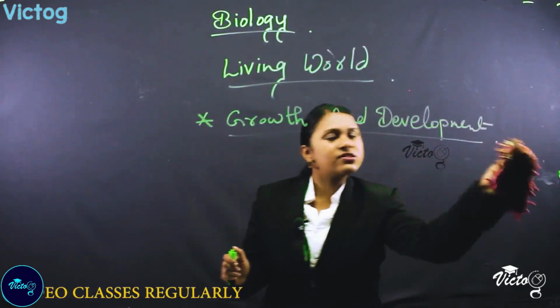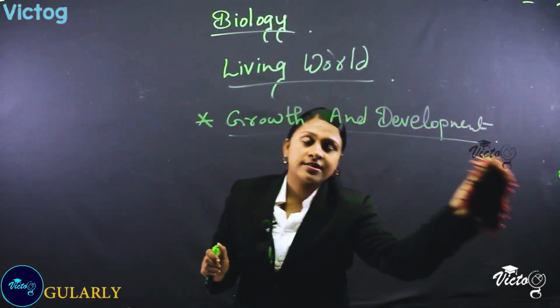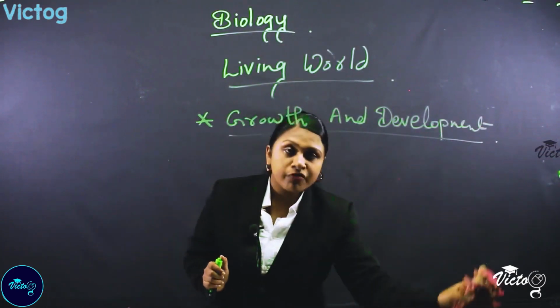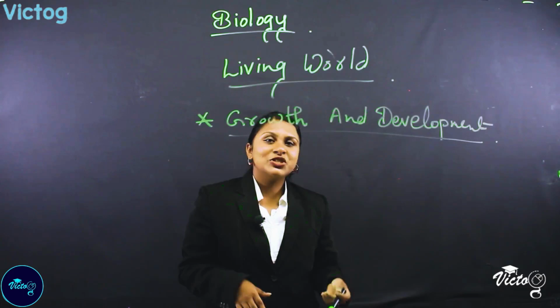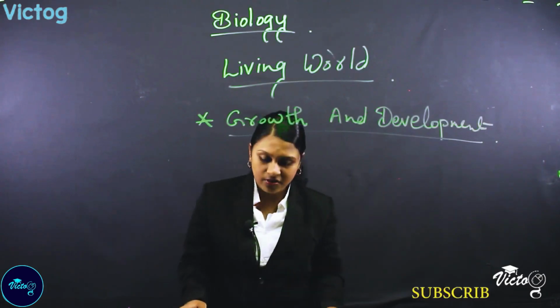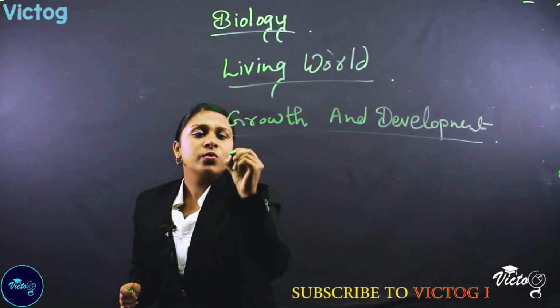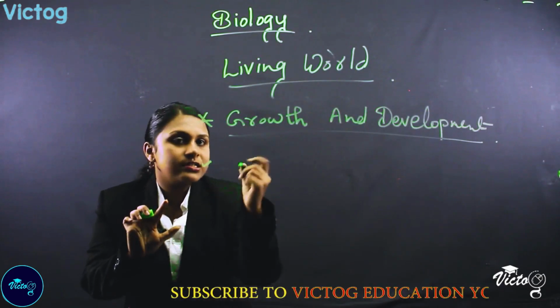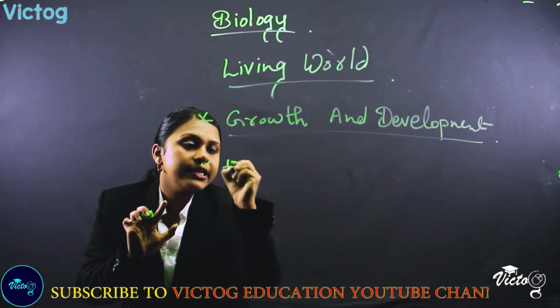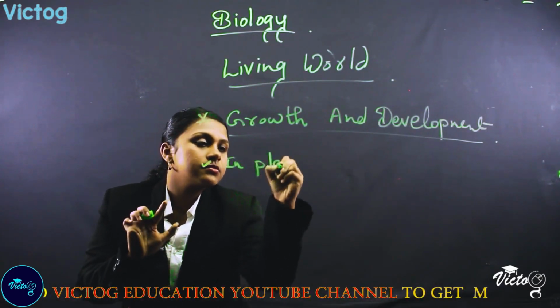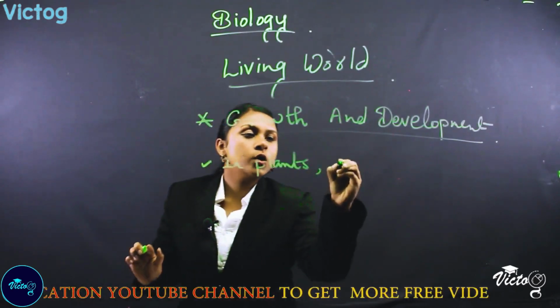Then what happens when growth occurs? When growth occurs, metabolism occurs, the volume of protoplasm increases, cell division, all these processes occur. Now, see, this is a very important statement in your NCERT. In case of plants, growth is unlimited.